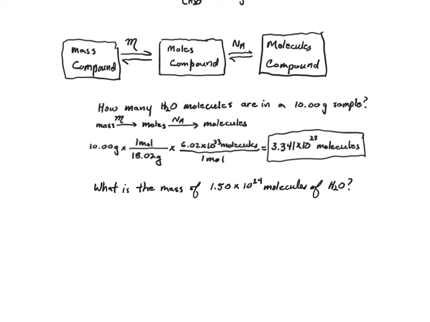Now again, this is just the opposite direction, so we're being given the number of molecules. From there, we can go to moles, and to do that, we need Avogadro's number. And then to go from moles to mass, we need the molar mass of water. We set this up similarly, but in reverse. So we have the number of molecules.